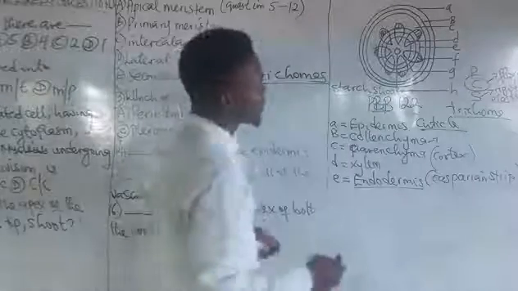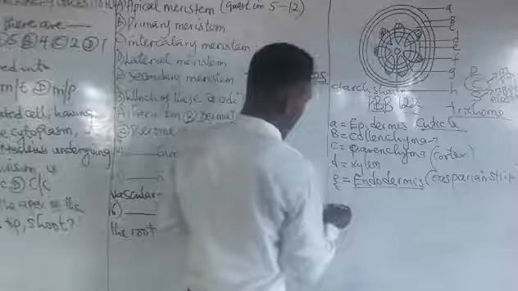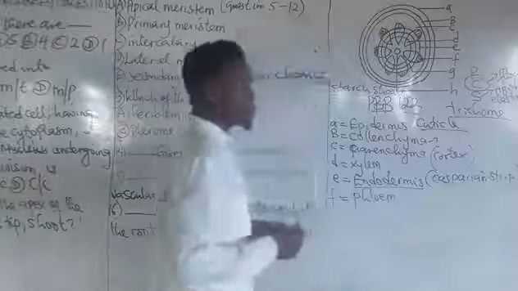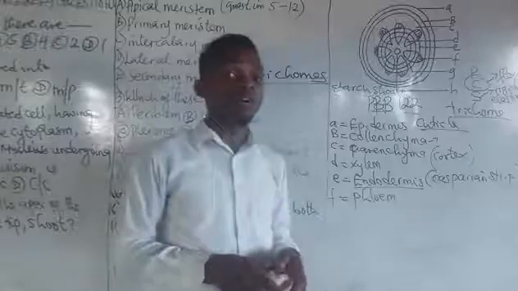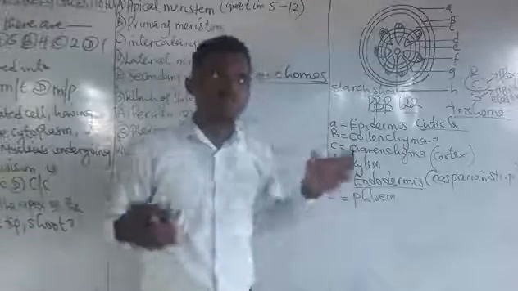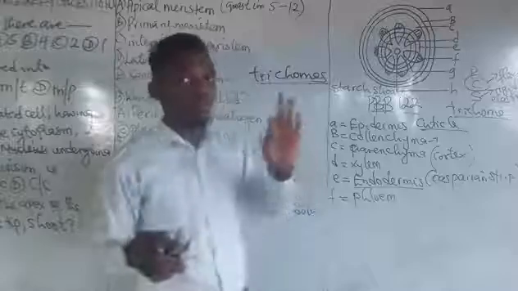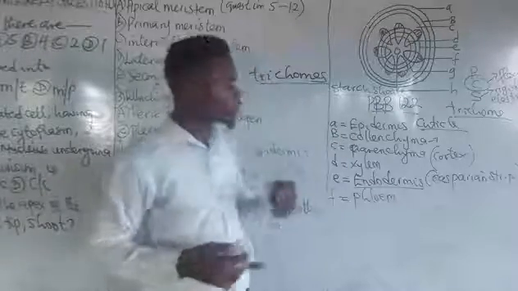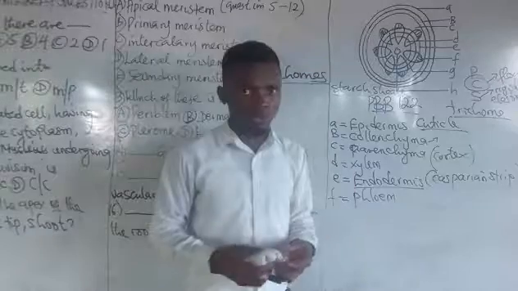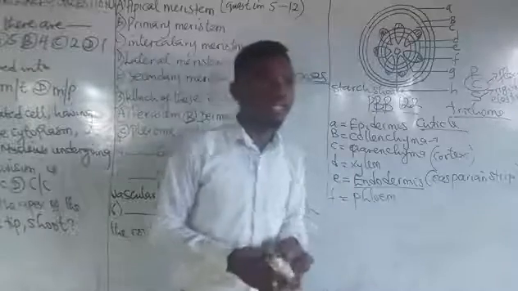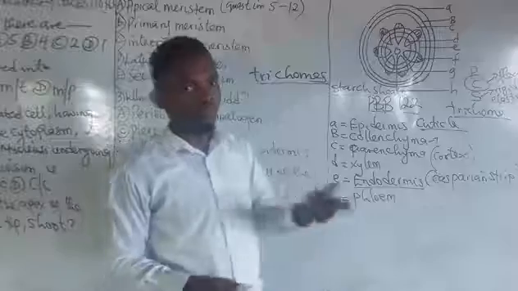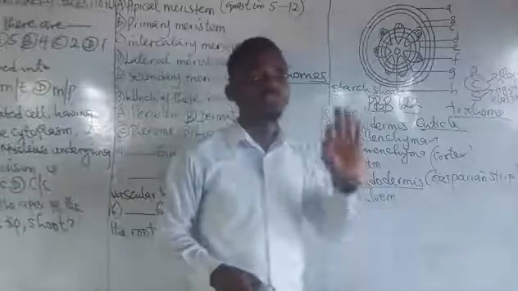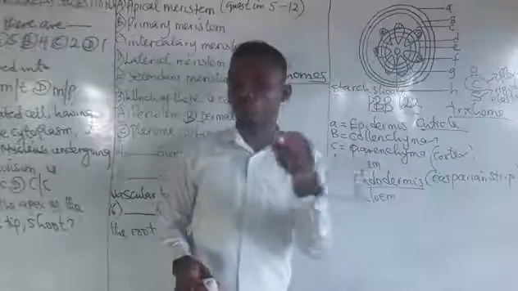Take note of that. So the next part is F. The F is the phloem. The process whereby already manufactured food is taken from one part of the body of the plant to another is called what? Is it transportation or translocation? Please, when food is being manufactured, the process whereby it is moved by the phloem to other parts is called translocation, not transportation.